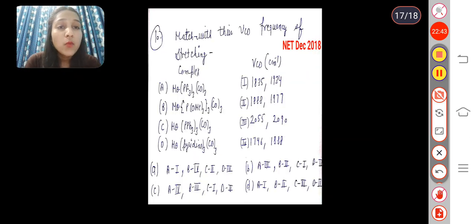Now in the first option A we have PF3, this is halide. In B we have alkoxide.